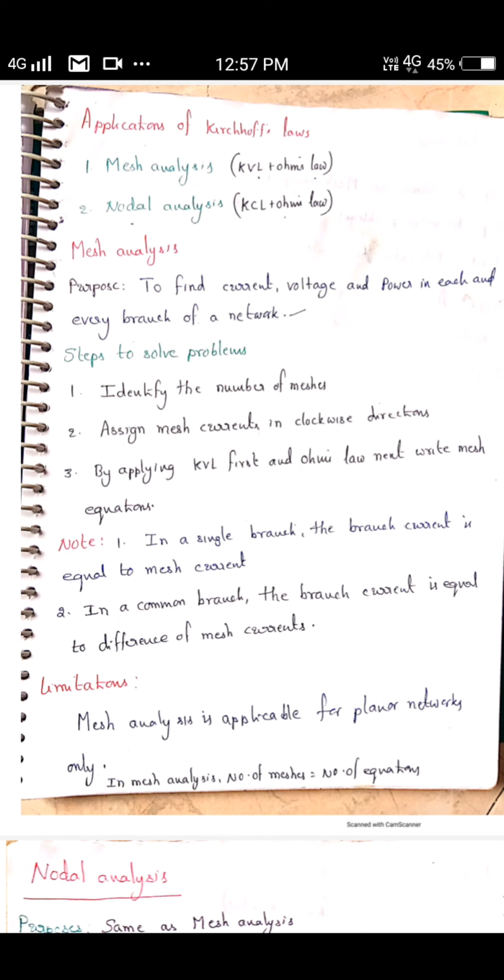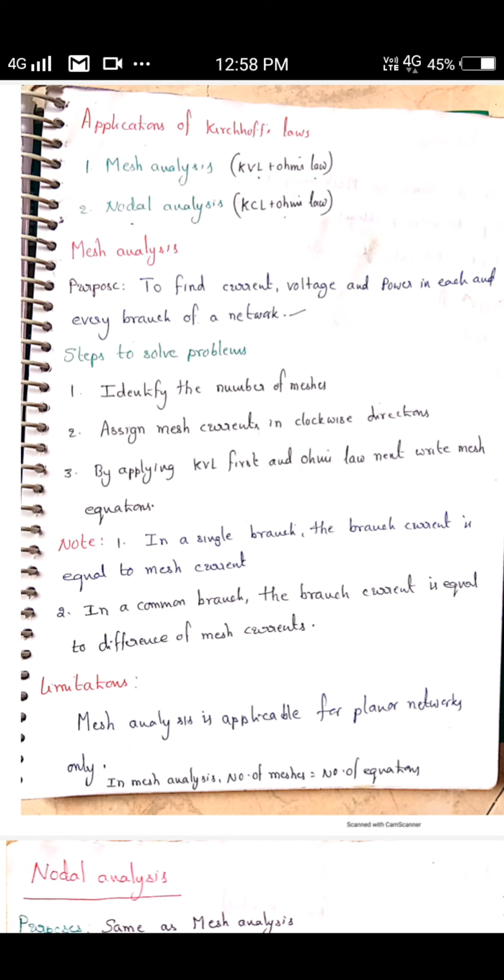One drawback is there: these two techniques fail in some networks. If the network consists of two or more sources having different frequencies, then these two techniques will fail. If all the sources are DC sources, maybe current sources or voltage sources, mesh analysis and nodal analysis are applicable. Why?